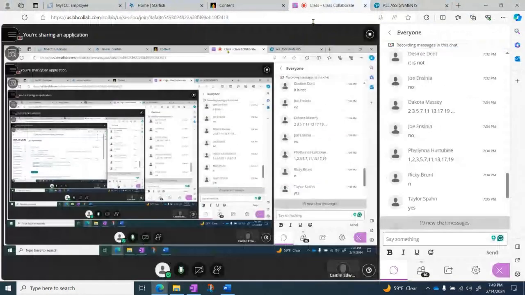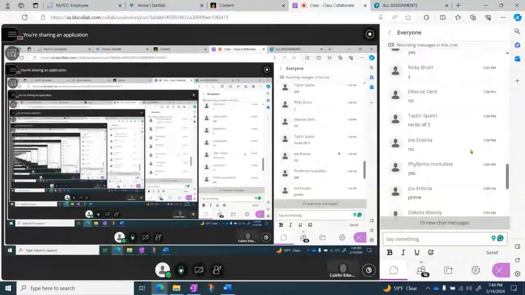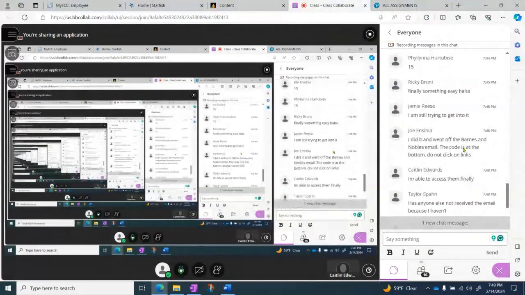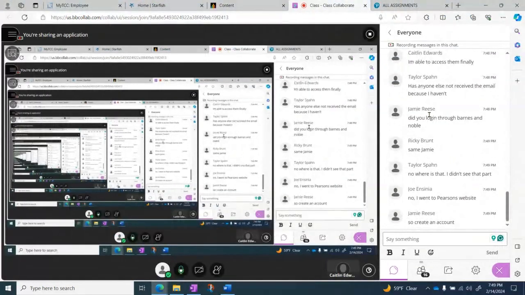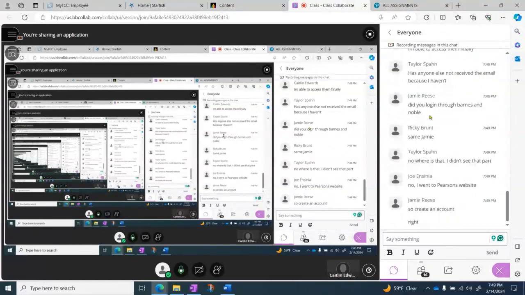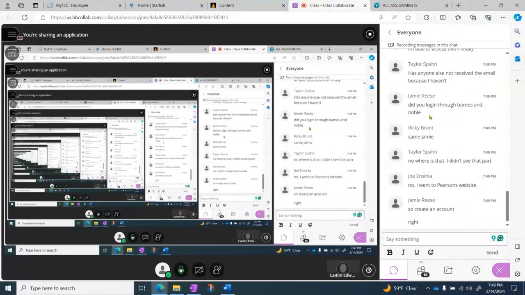Reading the messages from some people, can I just say one thing about the Barnes & Noble? I got my email the day of class, but it doesn't tell you that the code is going to be there. It actually looks like a spam email. So I deleted it until I saw today about the Barnes & Noble and went back. But you have to scroll all the way to the very bottom to get the access code. It's not up top.